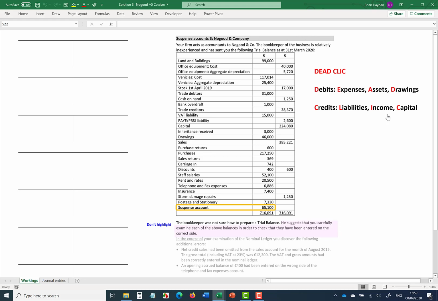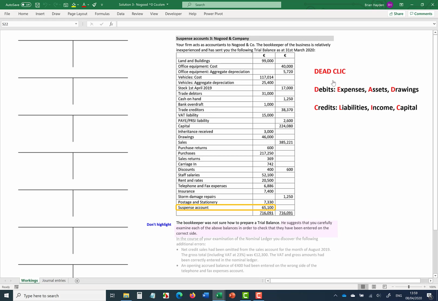Okay, every single item in a trading profit and loss account will be expenses or income, and things in the balance sheet will be assets, liabilities, capital or drawings. So if you think of the examples of items contained within each of those separate financial statements, you'll become familiar with examples of assets, examples of income, examples of liabilities, and so on and so forth.